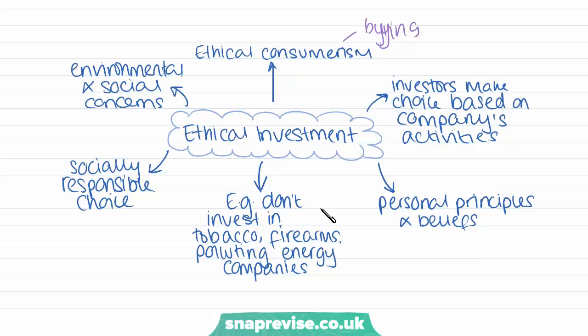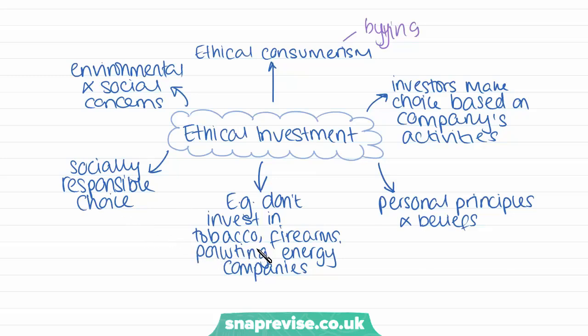So, for example, many governments do not invest in any companies involved with tobacco, firearms, or those companies that use polluting energy. So they don't want to be associated with these damaging processes. So essentially ethical investment is a socially responsible choice.